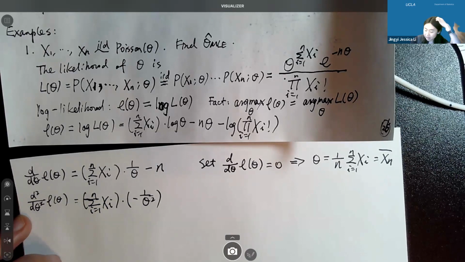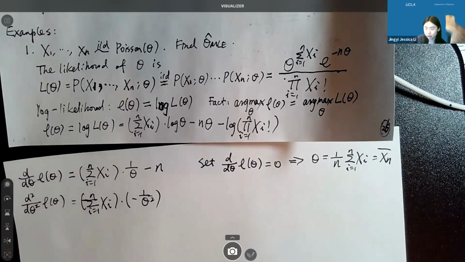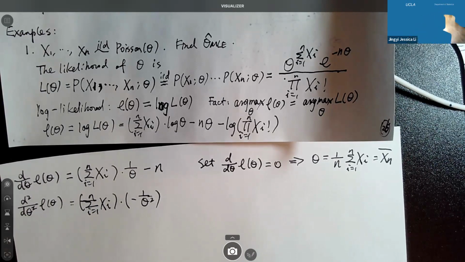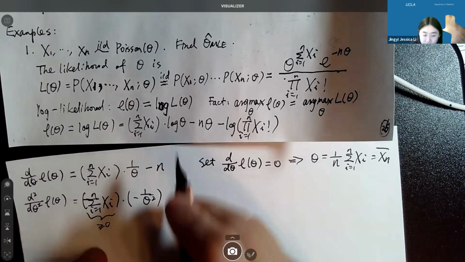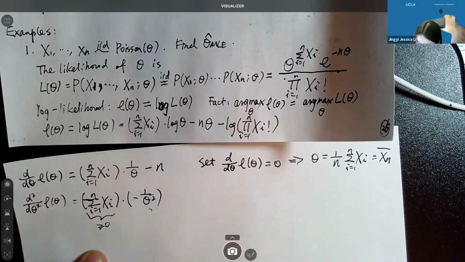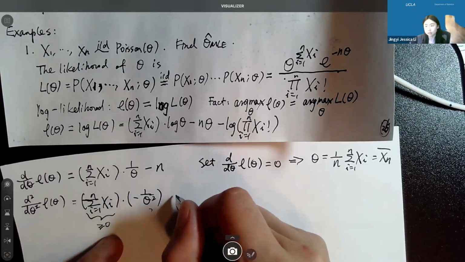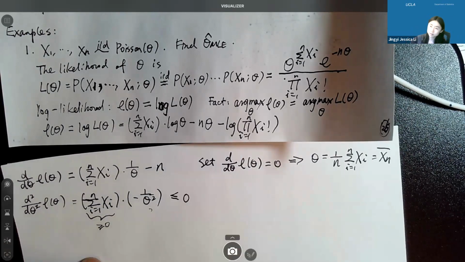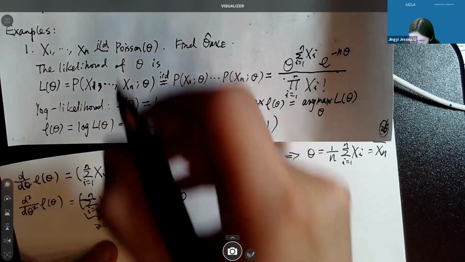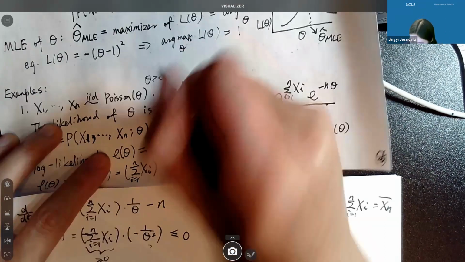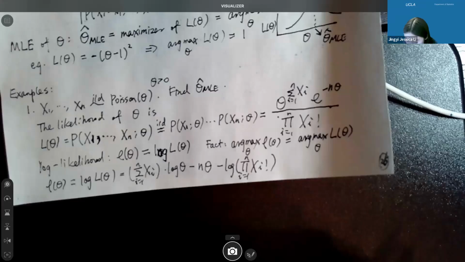Because x1 to xn are from Poisson, and Poisson random variables are all non-negative, the summation is non-negative, and theta squared is non-negative. Together with this minus sign, this is non-positive. Also, theta must be positive, which is just a requirement for Poisson.